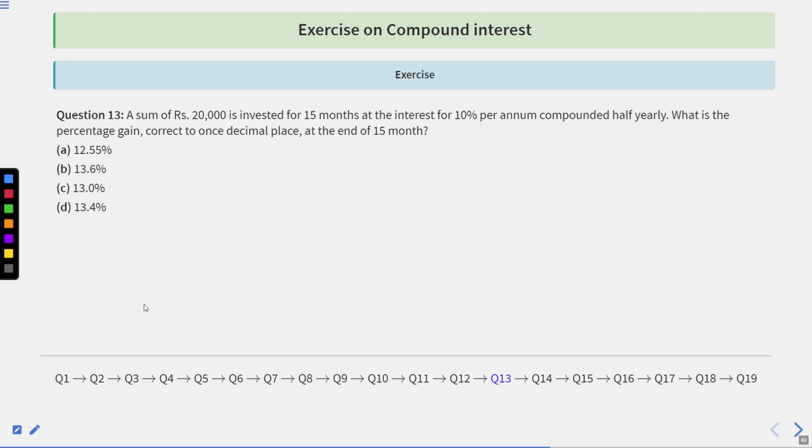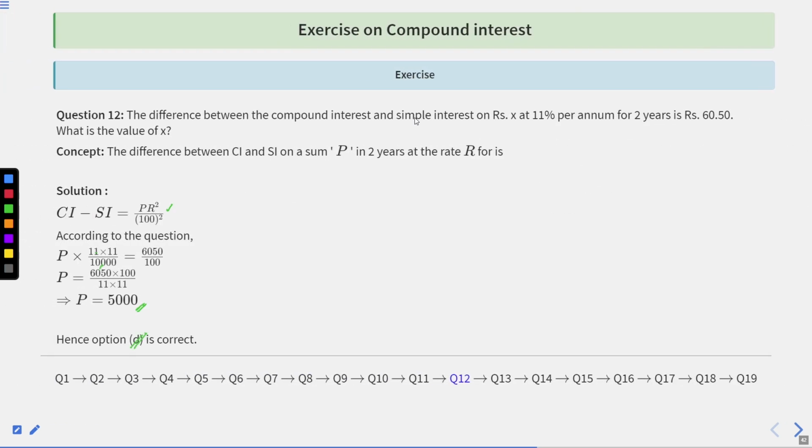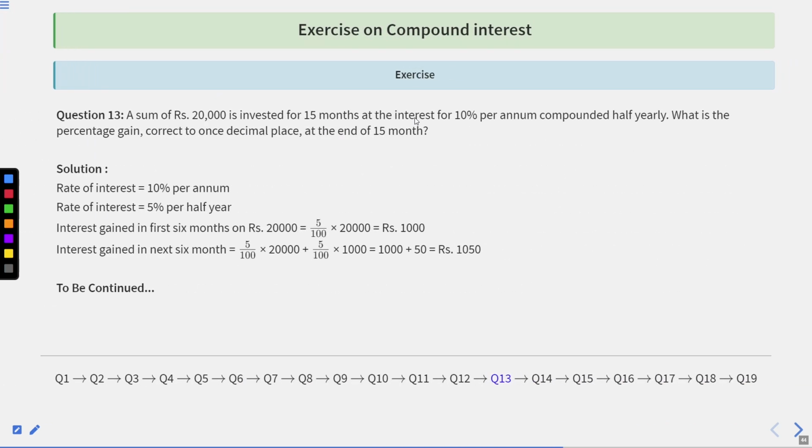Question number 13. A sum of rupees 20,000 is invested for 15 months at an interest rate of 10% per annum and compounded half yearly. What is the percentage gain correct to one decimal place at the end of 15 months? So the solution: the rate of interest is 10% per annum, and the rate of interest is 5% half yearly.